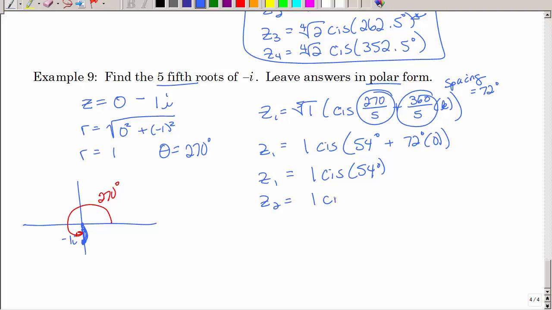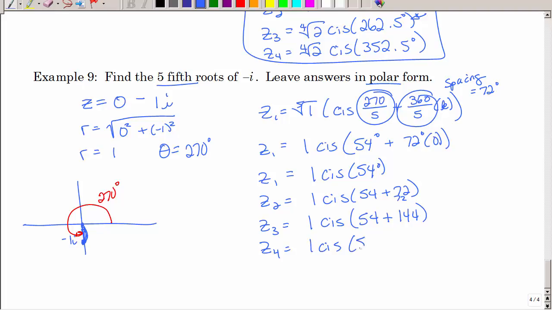What's our next one going to be? 54 plus 72. 54 plus another 72. So that's going to be 144 degrees. 54 plus another 72. Plus another 72.